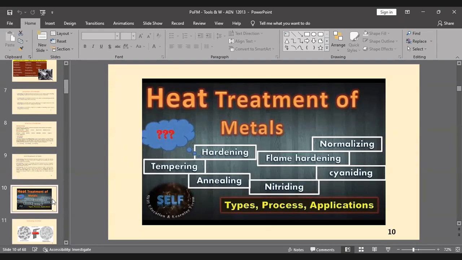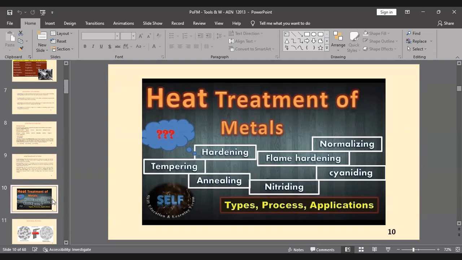So different levels. Flame hardening is actually practiced by the blacksmith. And then normalizing. In normalizing we do heat treatment, but we don't worry about the time factor, but the cooling.